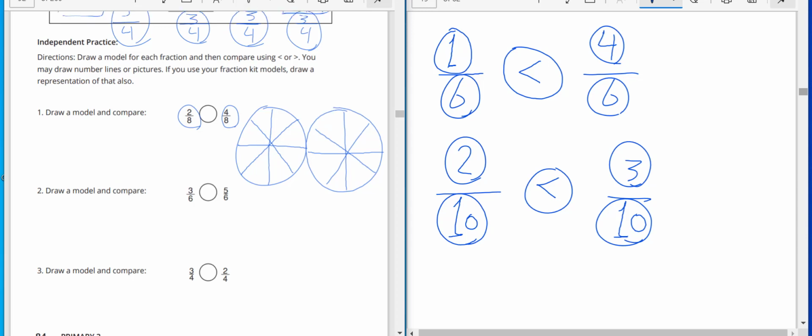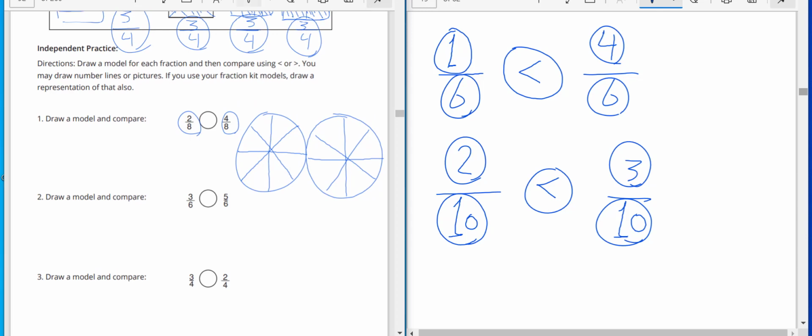Number 2, so shade 2 parts. In the other fraction, the numerator is 4, so shade 4 parts in this fraction: 1, 2, 3, 4. Which is the greatest fraction?